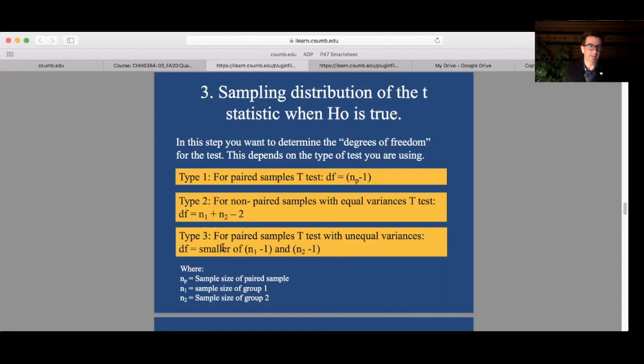And if you think the groups are not paired and they have unequal variances, then the degrees of freedom is determined by the number of observations in the smaller group minus 1. Okay, so you determine which type of test you're going to use, and then you formulate your null hypothesis, an alternative, and then you calculate the degrees of freedom for the type of test that you chose, right? And these formulas are pretty simple, right?